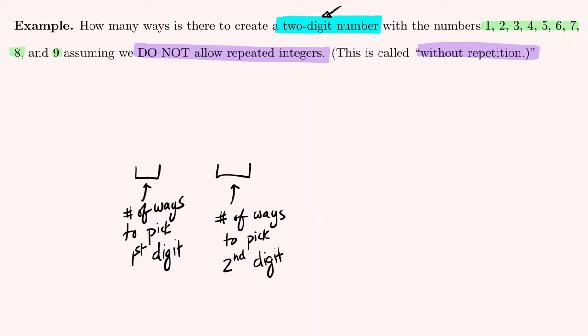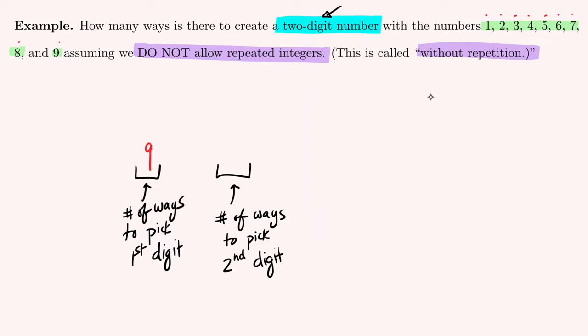Okay. So for the first digit, I was allowed to use 1, 2, 3, 4, 5, 6, 7, 8, or 9. That's 9 different options. So I'm going to write down there's 9 ways I could pick the first digit. Again, keep in mind this is not saying I'm picking 9, I'm saying there's 9 ways.